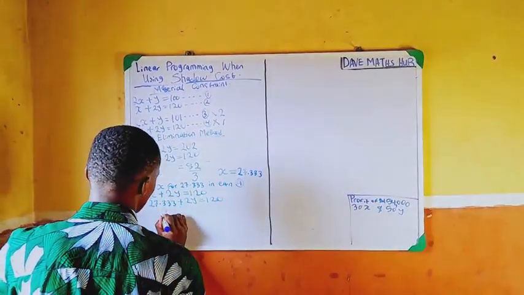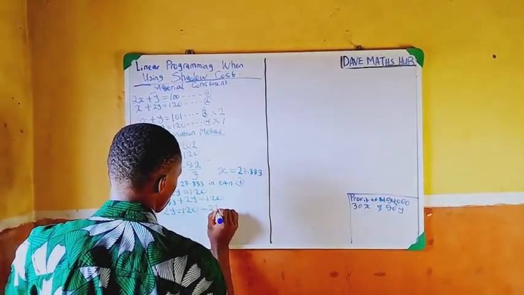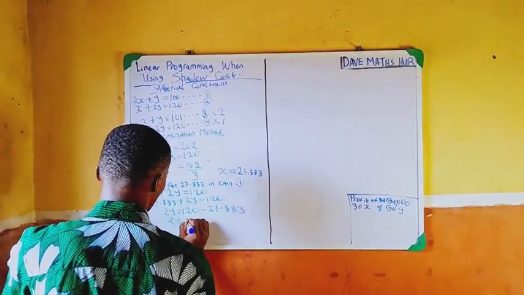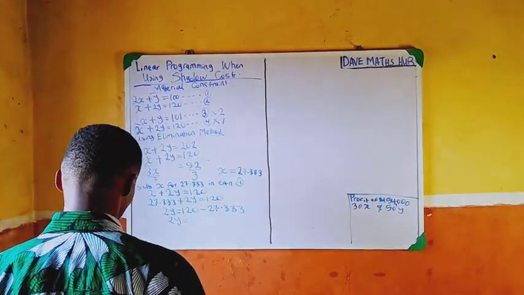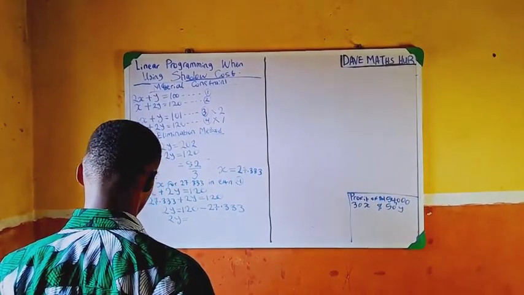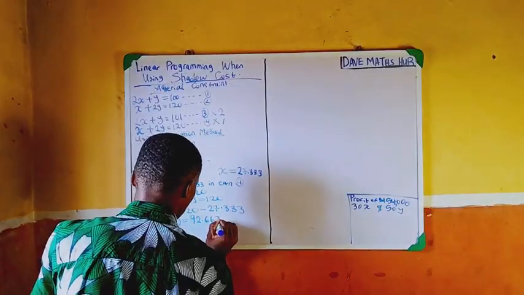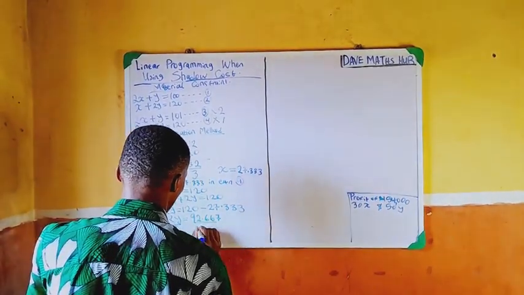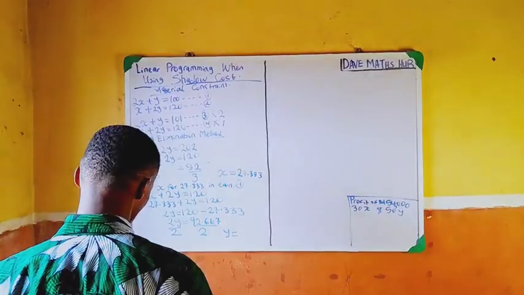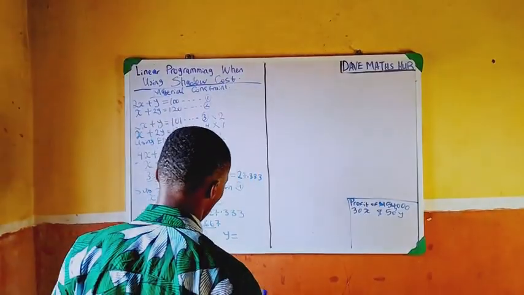Collect like terms. 2y equals what? 120 minus 27.333, giving us 92.667. Divided both sides by 2. Our y becomes 92.667 divided by 2, giving us 46.334.